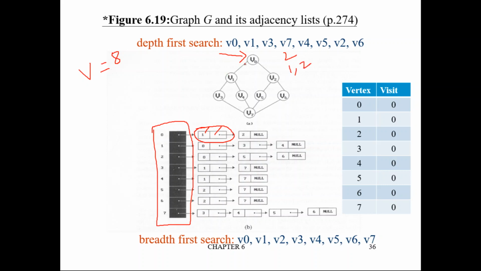Again, vertex 1 has edges to how many vertices? 3 vertices. This also you should consider: 0, 3 and 4.